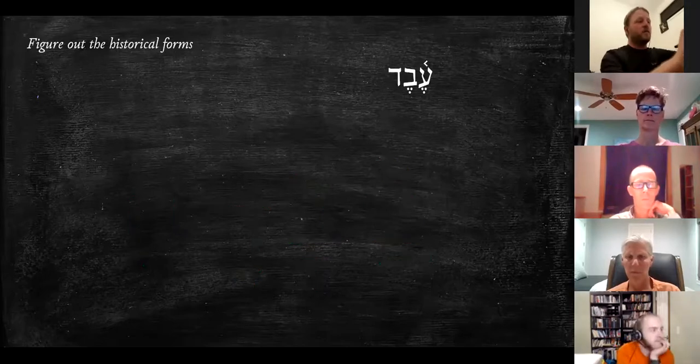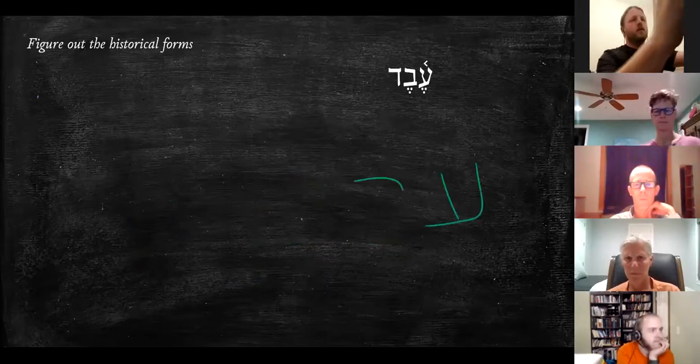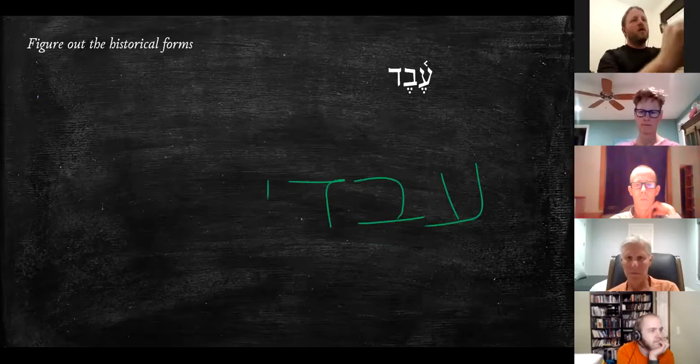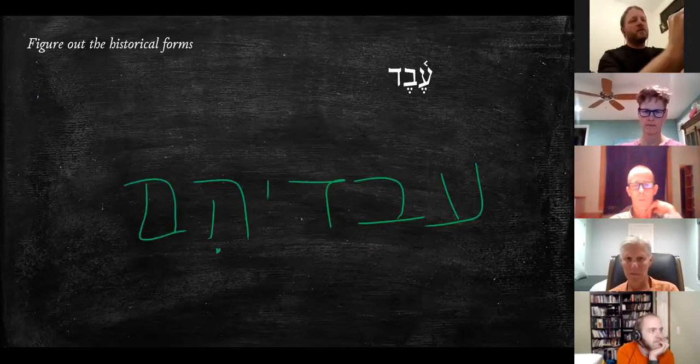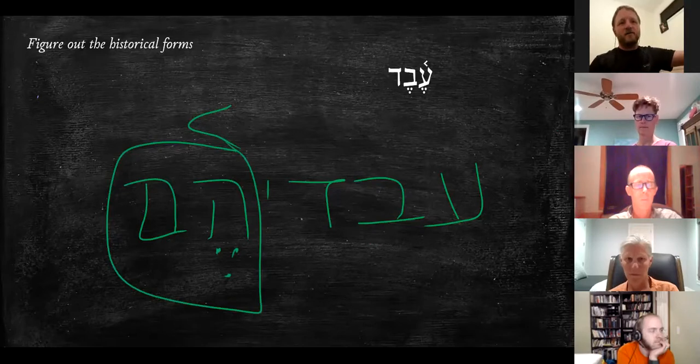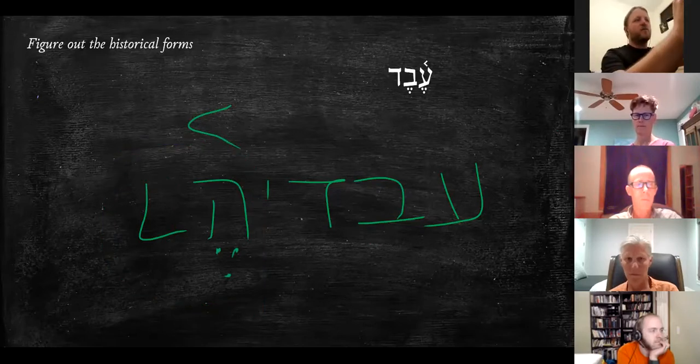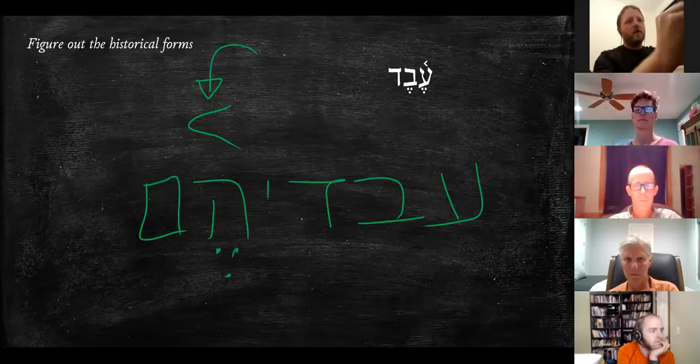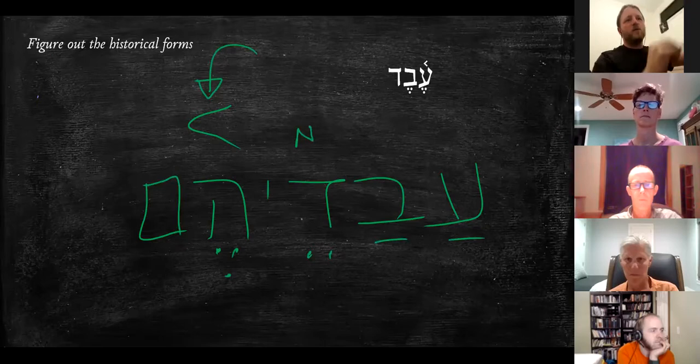Look at this one. Avadim, but I want to say hem, theirs, their servants. Now I've got the tone way over here. This is why we say that these are heavy endings, because they pull the accent to the end of the word. That's why we say they're heavy. So this we have near, and this one we said was ava.